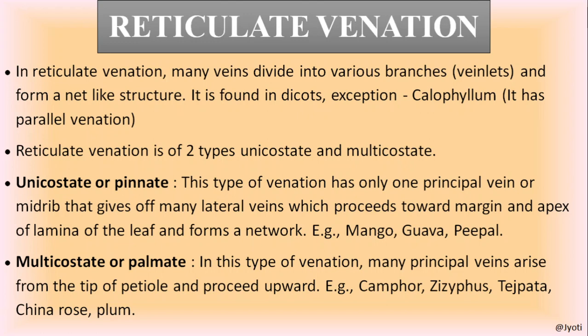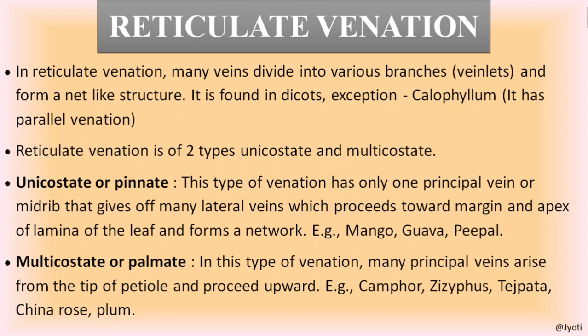Now again, this reticulate venation is of two types. One is unicostate and multicostate. Unicostate venation is also called pinnate and multicostate is also called palmate. So let us discuss what is unicostate pinnate and multicostate palmate.